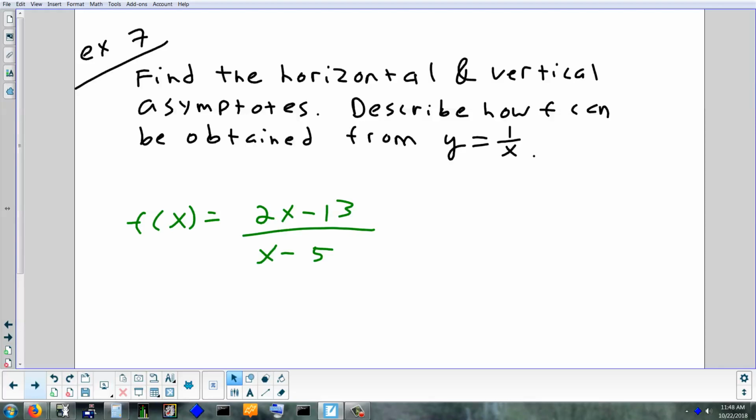All right, so this says describe the horizontal and vertical asymptotes, and then describe basically the transformations. So we're looking for vertical stretch, horizontal stretch, things like that. Now, that's not written the way it needs to be. This is kind of like the absolute value problem. So what do I have to do if I'm given a problem like that to write it so it's more in the format we're looking for?